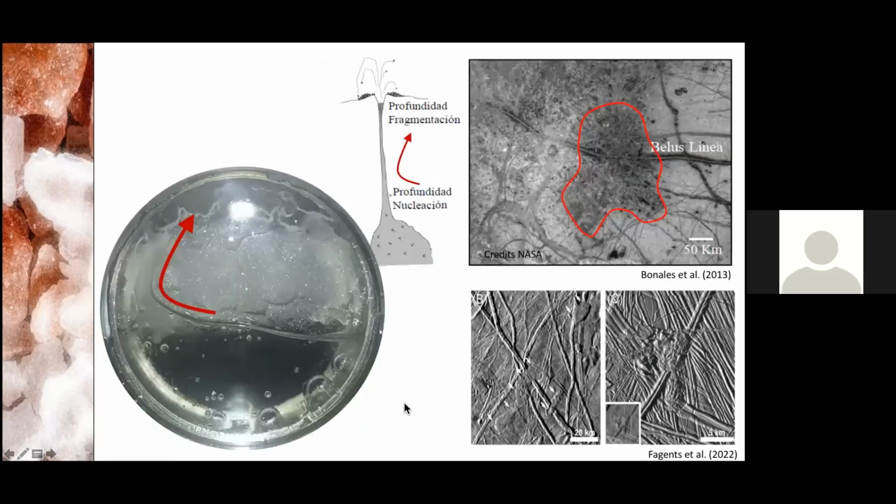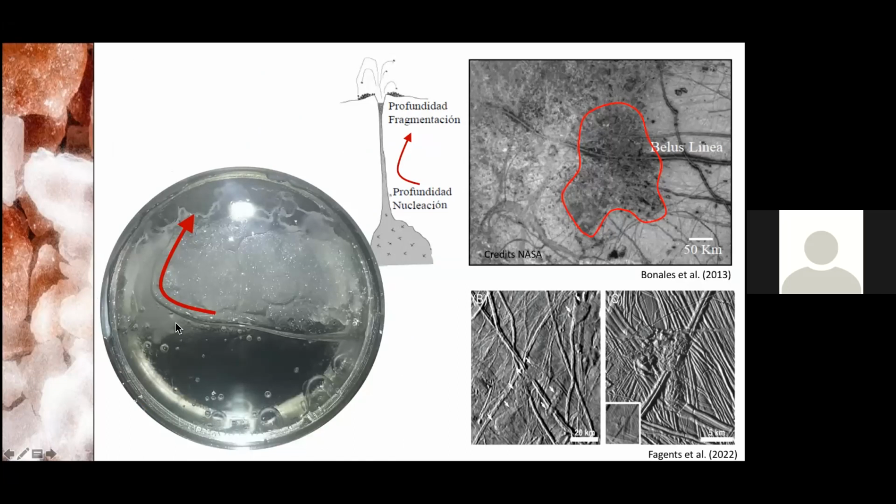Okay, so linked to this, another interesting moment that we recorded was when the fluid rose to the surface during the heating of the experiment.